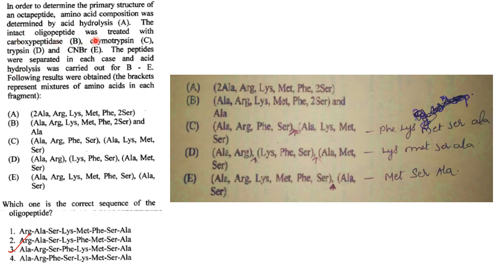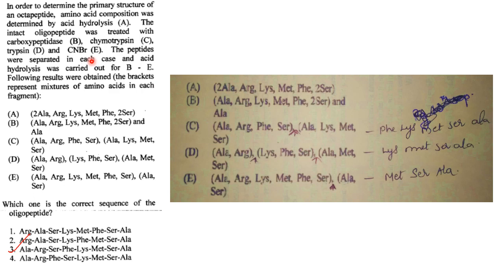The intact oligopeptide was treated with carboxypeptidase as in B, chymotrypsin as in C, trypsin as in D, and CNBr, that is cyanogen bromide, in E. The peptides were separated in each of the cases and acid hydrolysis was carried out for B to E, resulting in the following results. The brackets represent a mixture of amino acids in each fragment.